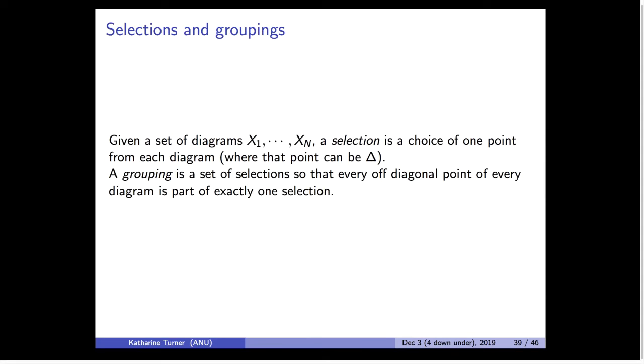So I've got a whole bunch of persistence diagrams, and I have some candidate. I look at an optimal matching, and that's going to partition all the points into a set of selections, where in each selection I have exactly one point from every diagram, but that point can be the diagonal. This is just going down this route of trying to understand what a mean or a median of a set of persistence diagrams should be.